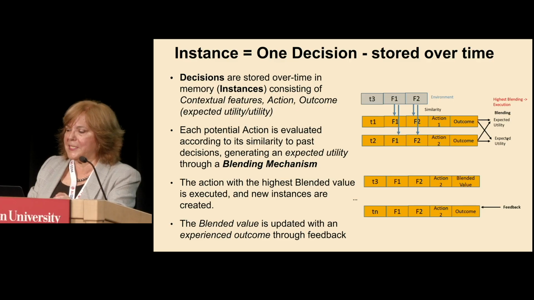Again, I will be precise in a minute. And then you choose the option, the action to take that has the highest expected value. Okay? Whenever you get feedback, that expected value is modified to be the actual outcome received from the environment.